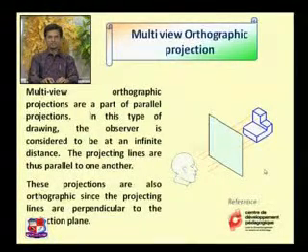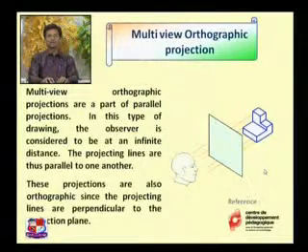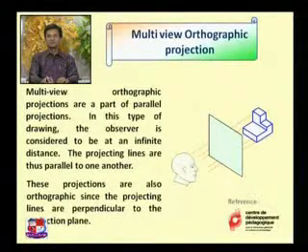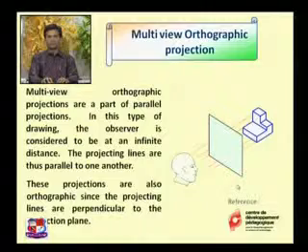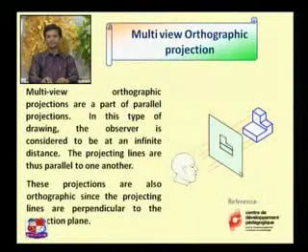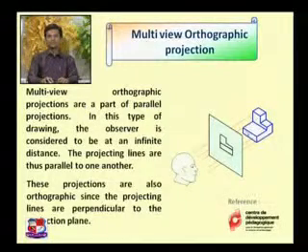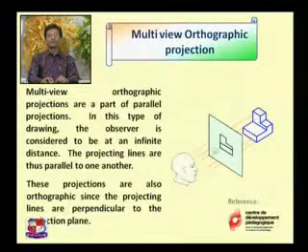These projections are also orthographic since the projecting lines are perpendicular to the projection plane. This is the plane of projection, and projecting lines are perpendicular to the projection. Hence it is also called orthographic projection, and its front view would appear like this. Whenever we draw the front view of this object, we forget about the faces which are parallel to the view.